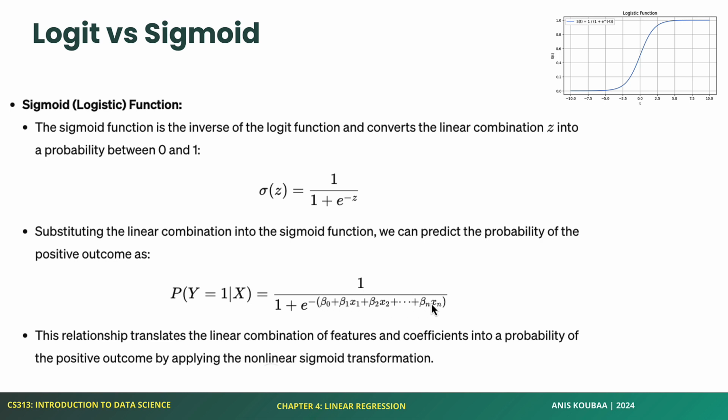Now, if you replace this one by the log, the exponential of the log is what? It will neutralize. So we will have p divided by 1 minus p. The exponential of the log of p divided by 1 minus p, the exponential will neutralize with the log, and we will have p divided by 1 minus p.